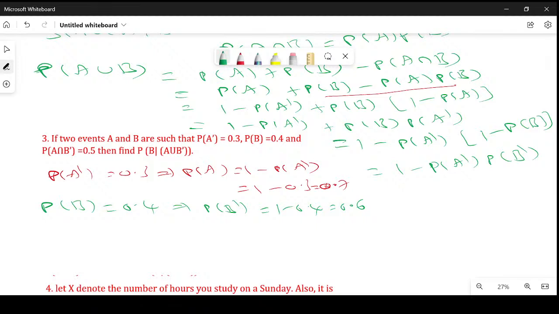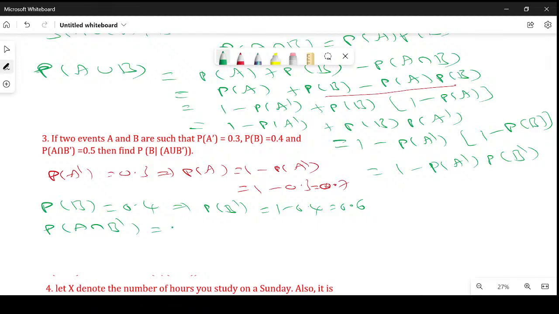So easily you can find that it is 0.6. They are also given P of A intersection B complement, which is 0.5. You can check that.